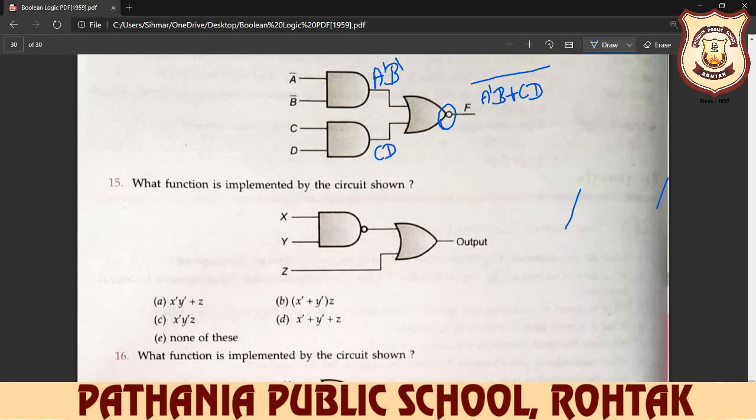What function is implemented by the circuit shown? You find out here x y complement. So you write down xy whole complement.